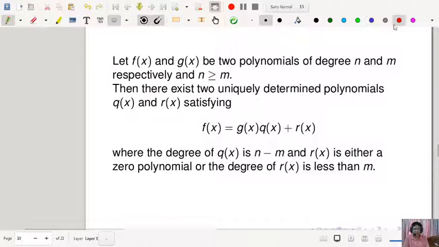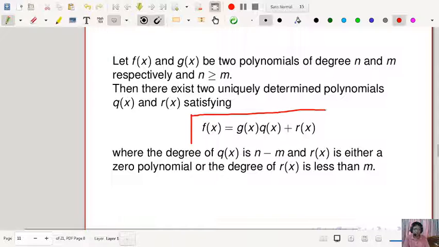You look at that, it's the same thing written over here, where f(x) is a polynomial of degree n and g(x) is the divisor, whose degree is m.